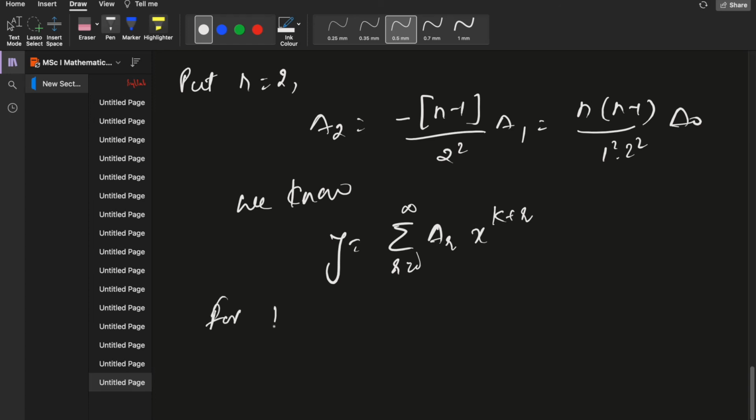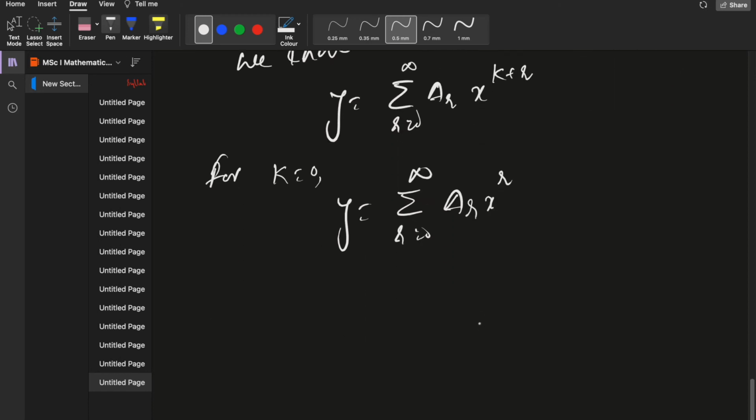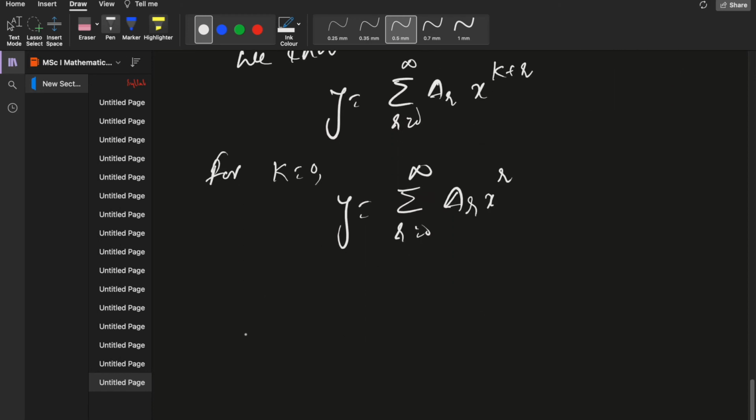For k equals 0, y becomes summation r tends to 0 to infinity ar x to the power r only. Just expand this series. So this will give me y equals a0 x to the power 0 plus a1 x to the power 1 plus a2 x to the power 2 plus a3 x to the power 3 plus so on.